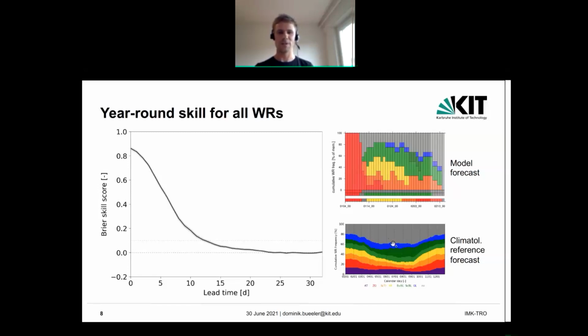This is our reference forecast here. Another side comment, I will mainly focus on the level of 0.1 because we argue that this is still a kind of useful level of skill to look at. So when we focus on this level, the skill horizon on average is about 2 weeks, and this is consistent with what previous studies have shown. But of course, now it's important to look at individual seasons and individual regimes.